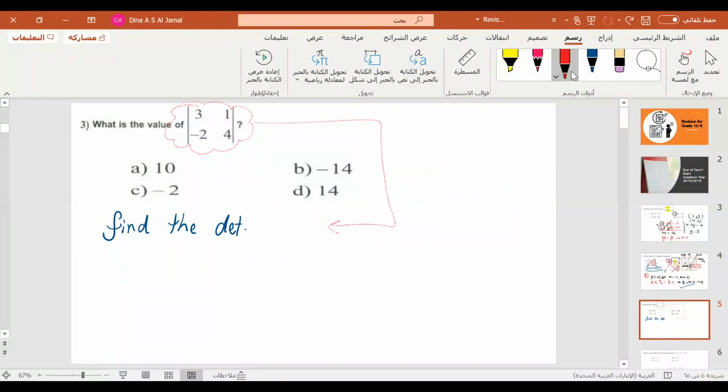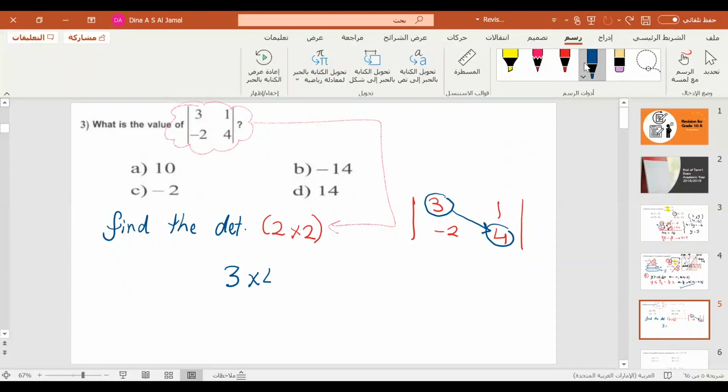And when you want to find the determinant of a 2 by 2, an easy way is to use the arrows. Multiply this diagonal, 3 by 4, then subtract. Then go to the other diagonal and multiply them by each other.